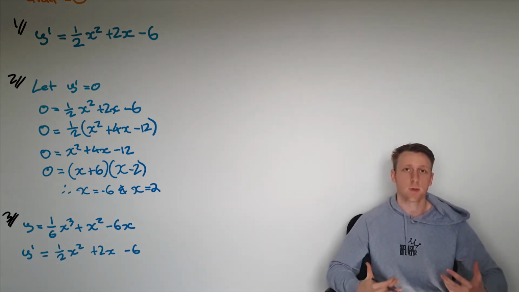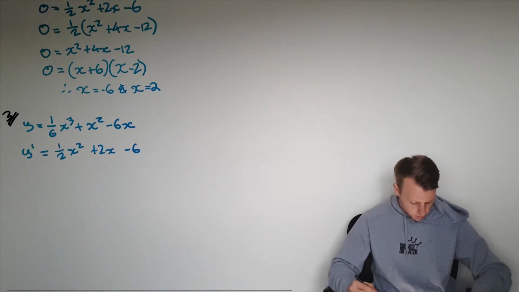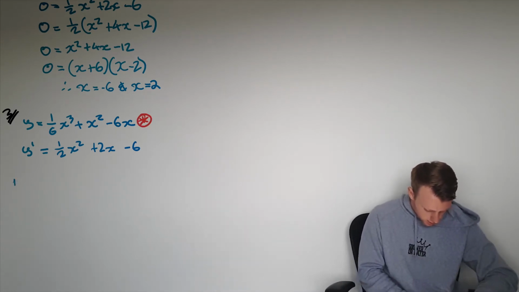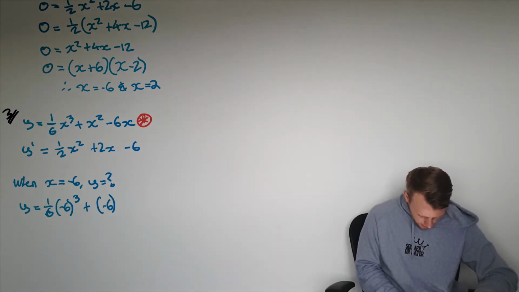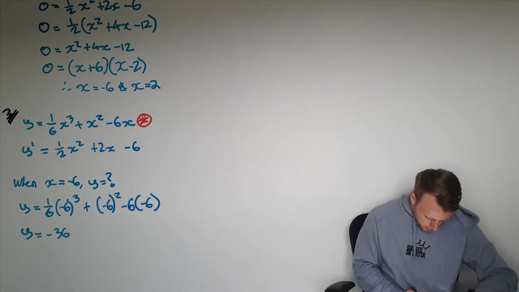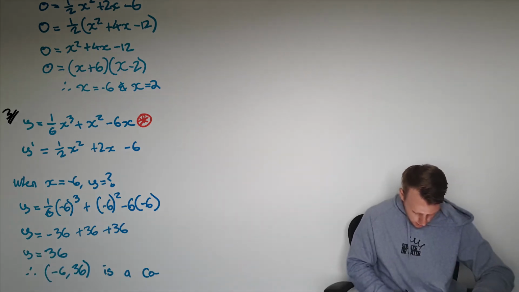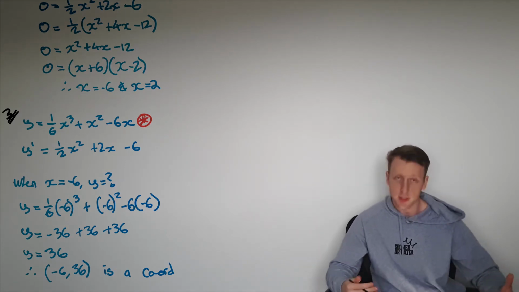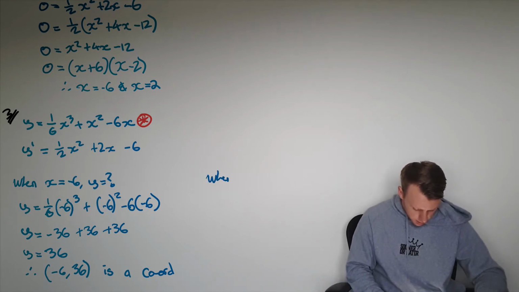I want to find the corresponding y values on my original function, so I'm going to use this one here. We found the corresponding y value would be 36 at the point x being equal to -6. Let's consider when x is equal to 2.